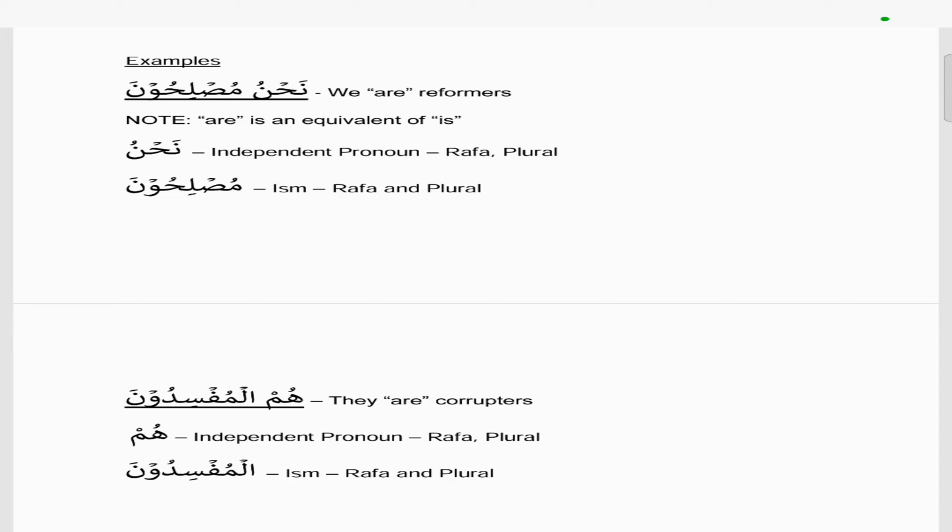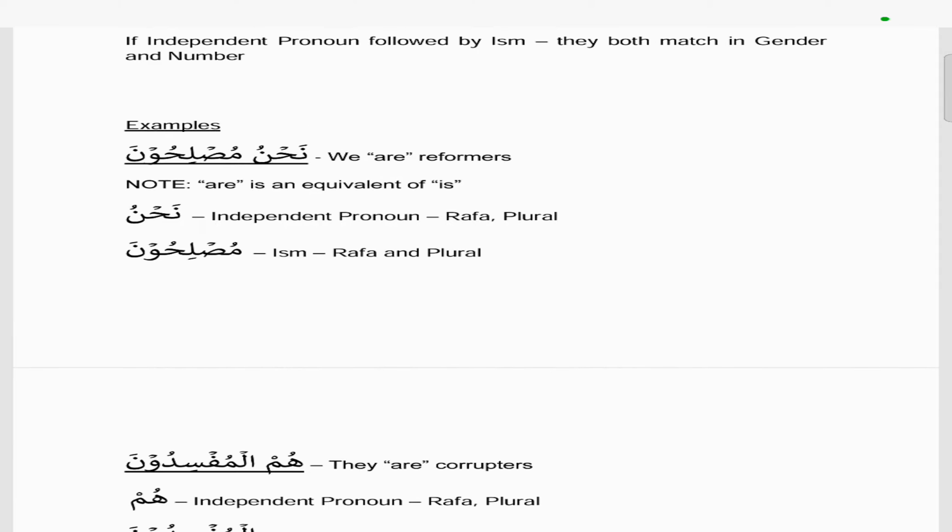So again, both the independent pronoun and the ism match in gender and number. They're both masculine, they're both rafa, and they're both plural as well.